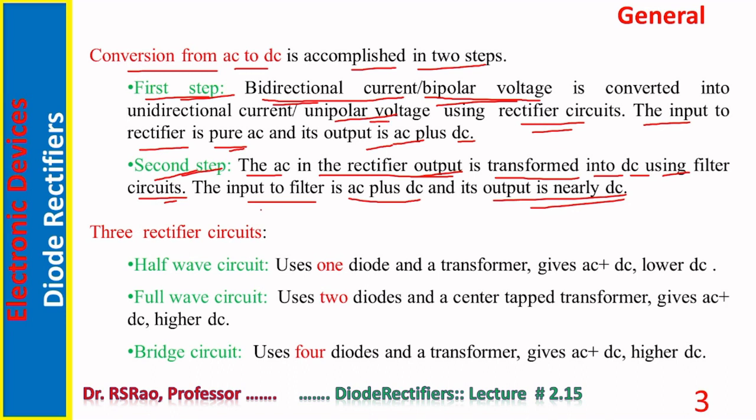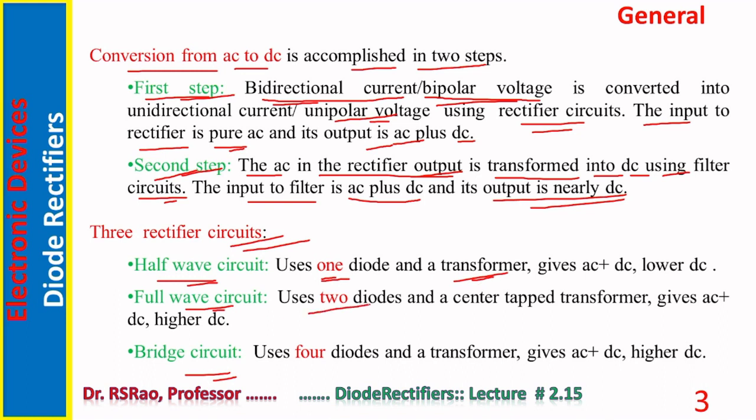Rectifier circuits are available in three varieties. Depending upon our requirement, we can go for either one. What are the three? Half wave circuit, full wave circuit, bridge circuit. Half wave circuit uses one diode and a transformer.